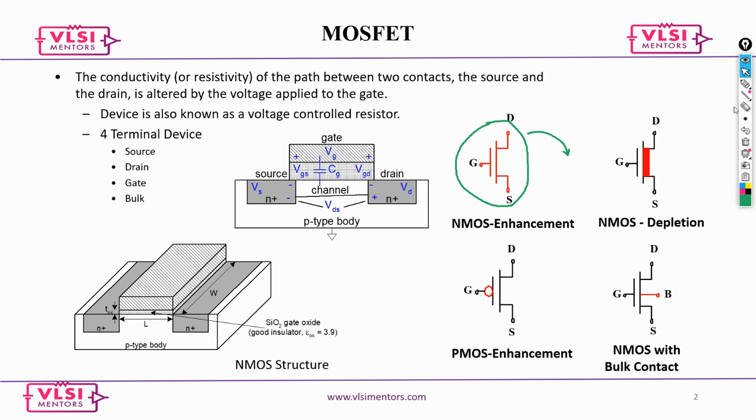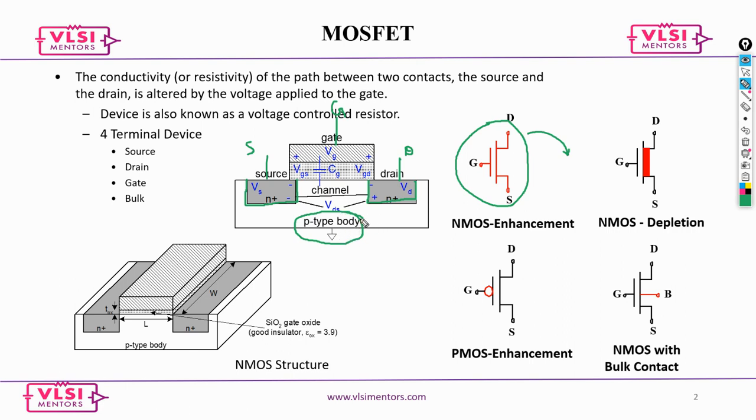When you tilt it, what actually happens is it is going to be something like this. So this is what you call the source, and this is the drain, and this is the gate. Now this whole thing is manufactured on the silicon substrate.